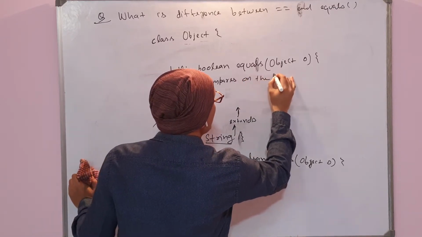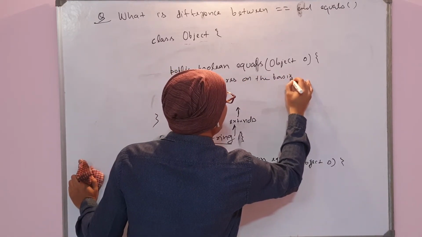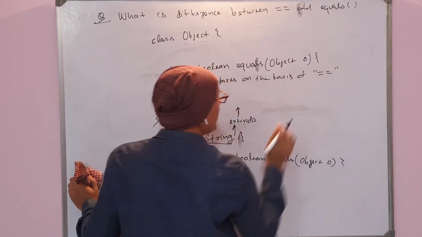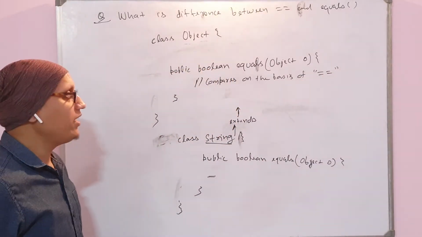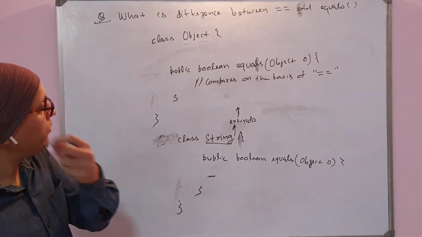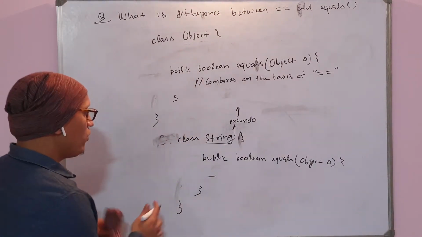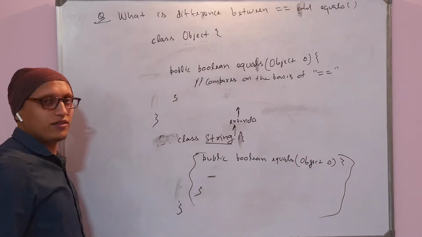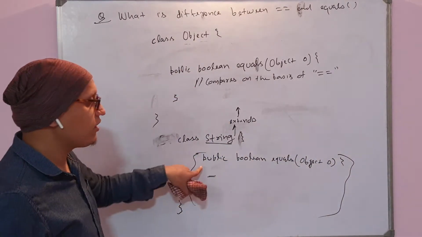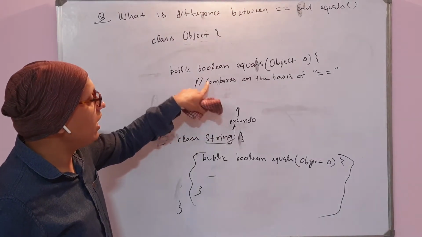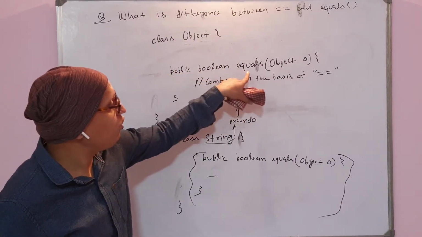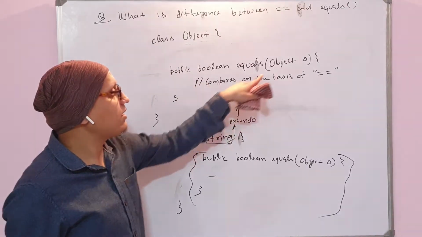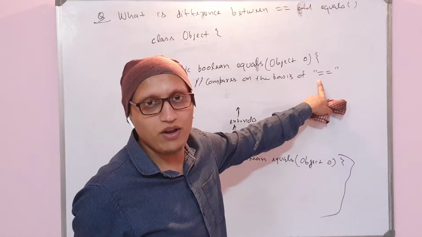Okay, that's why even if you call equals, if you are not overriding this method, the default method will be used, and internally in that default definition they are comparing on the basis of double equal.